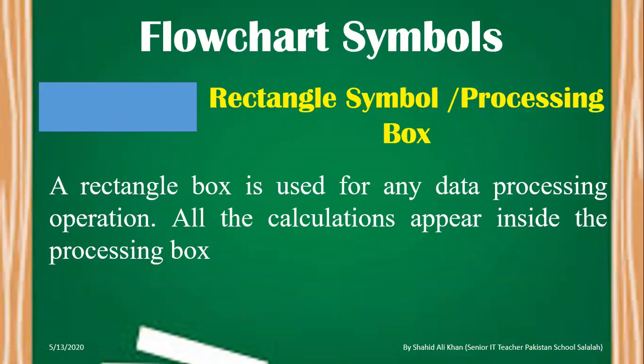A rectangle box is used for any data processing operation. For example, any kind of processing that takes place in your flowchart, meaning calculation, multiplication, division, addition. So you will use the rectangle box to show that calculation in your flowchart. Clear? So let's move, students, towards the next symbol of the flowchart.